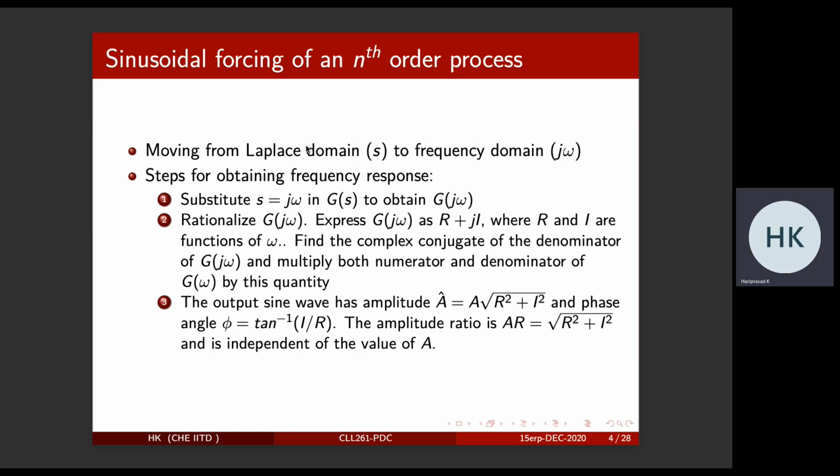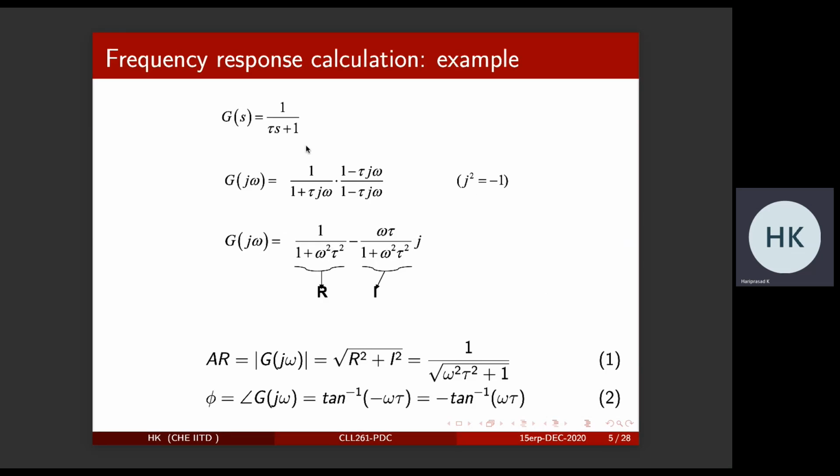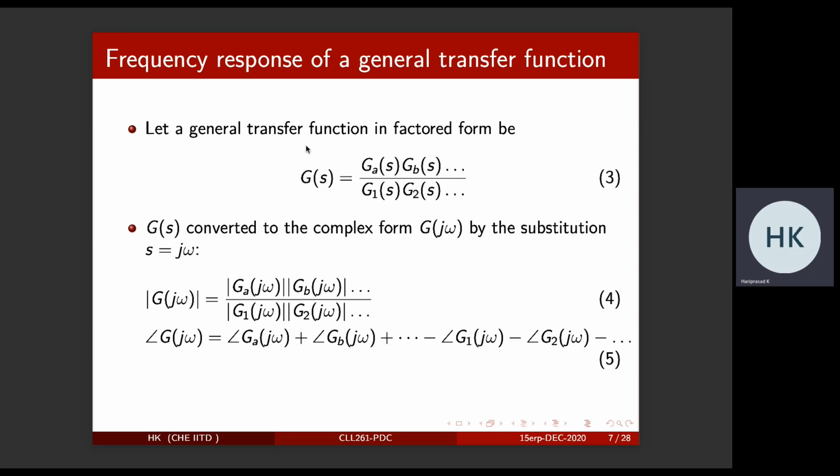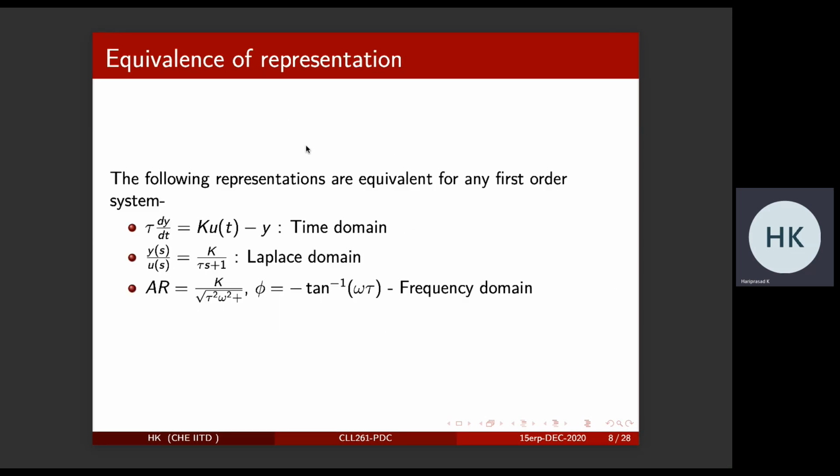Okay, which is generally achieved by substituting s equal to j omega and rationalizing the transfer functions. And there is some well-known relationship between the time domain, frequency domain, and the Laplace domain. So all are equivalent, and these transformations are also quite generic.